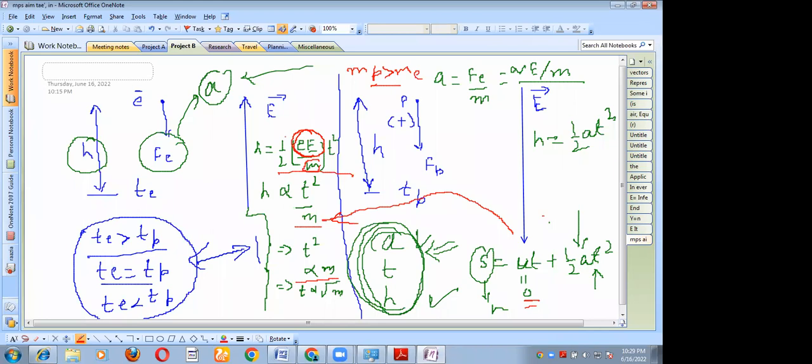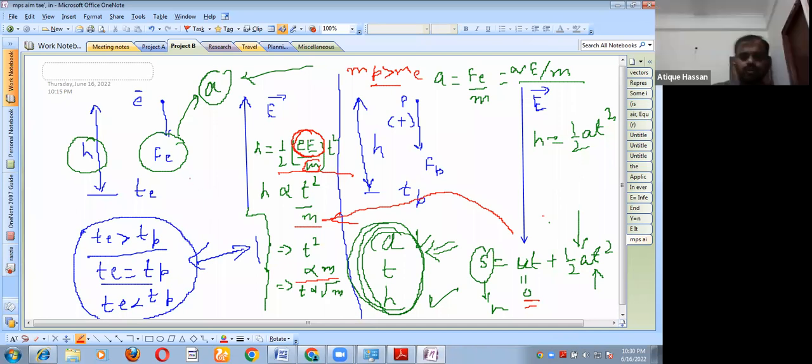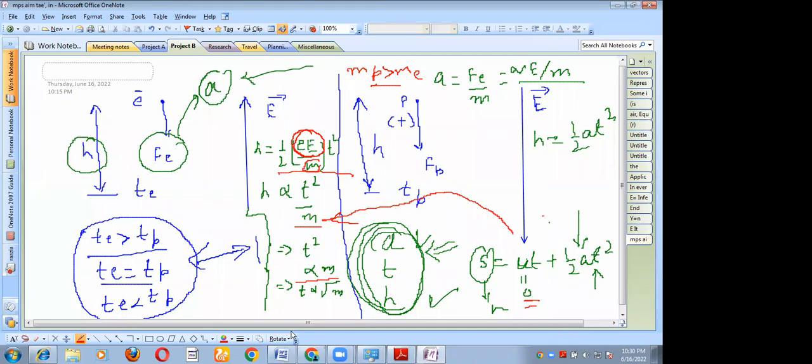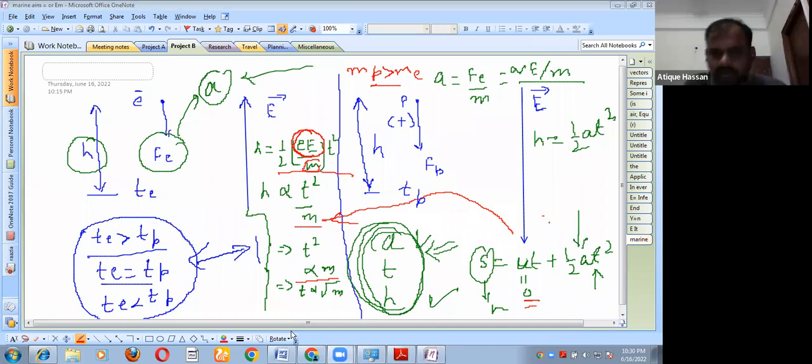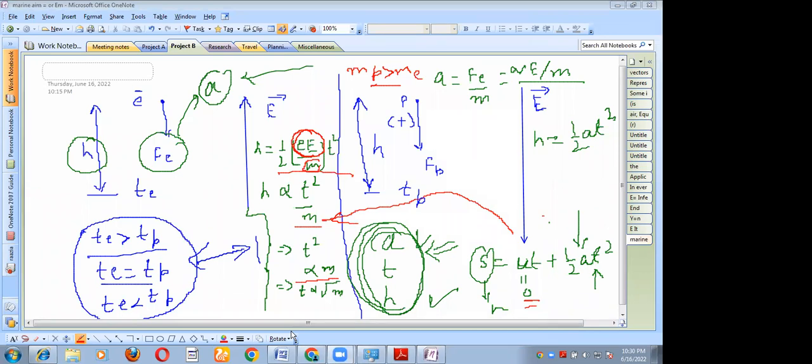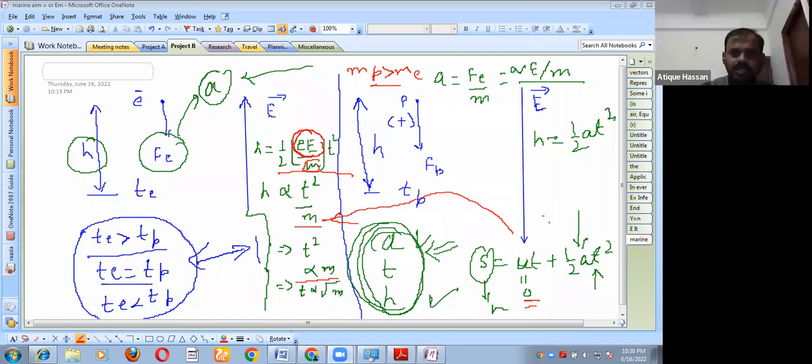Which is having more mass, proton or electron? Proton is having more mass. So which will take more time? Proton, having greater mass, obviously will take more time.